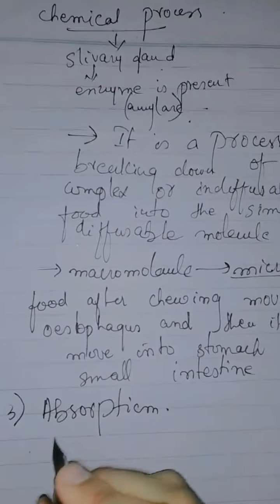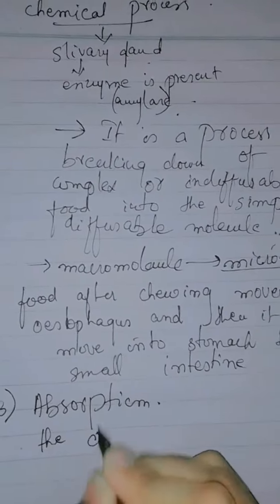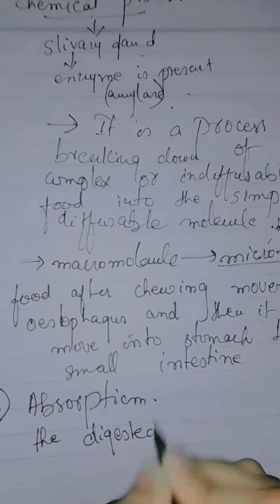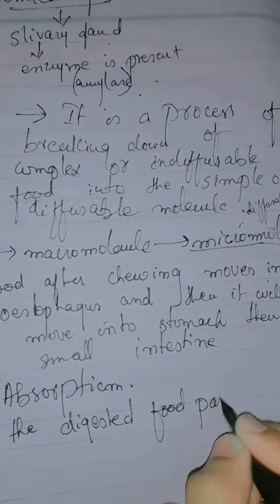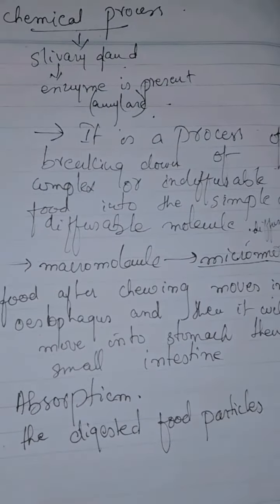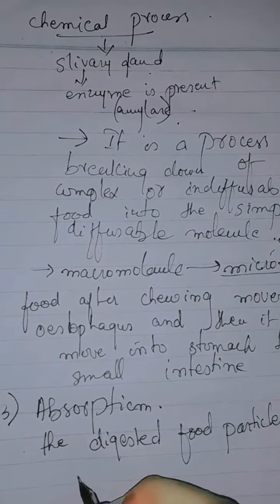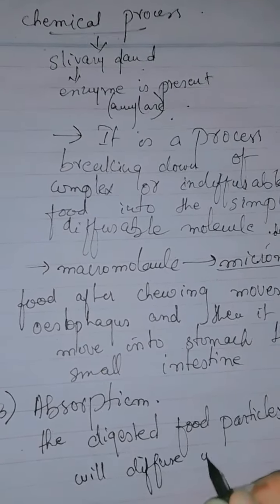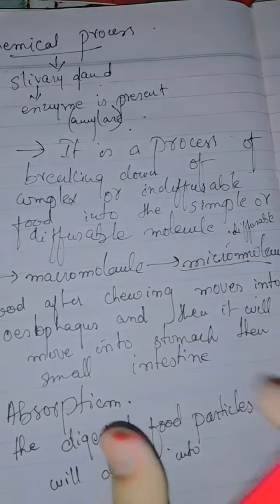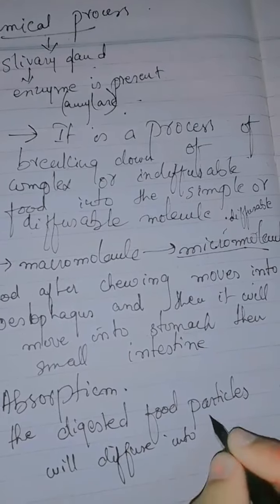So in this process, the digested food particles will diffuse into the blood, because they are easily diffusible now, as they have been broken down into micromolecules. They will diffuse into the blood.